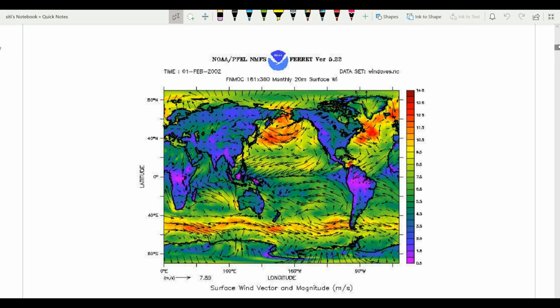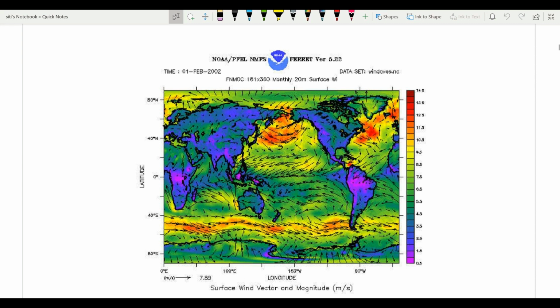So this is the example of the surface wind vector and the magnitude in meter per second. This is from 0 degree east to 100 degree east, 260 degree west and 50 degree west.